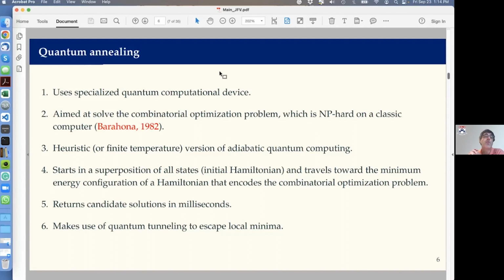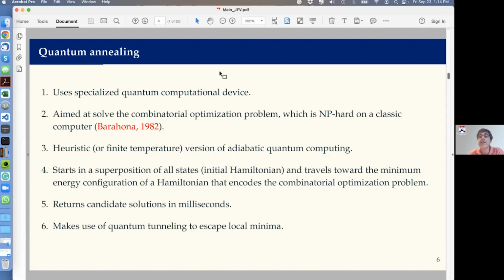And basically the reason why quantum annealing works is because it is a heuristic or finite temperature version of adiabatic quantum computing. So if you remember, in that situation we have an initial trivial Hamiltonian with a superposition of all the states, and we travel toward the minimum energy configuration of a Hamiltonian, and we build this Hamiltonian to encode the combinatorial optimization problem.